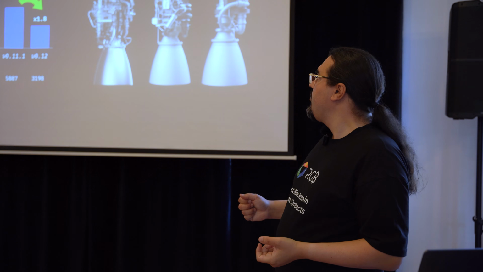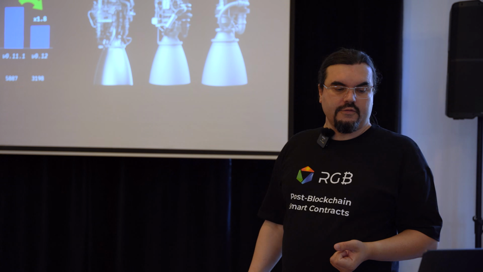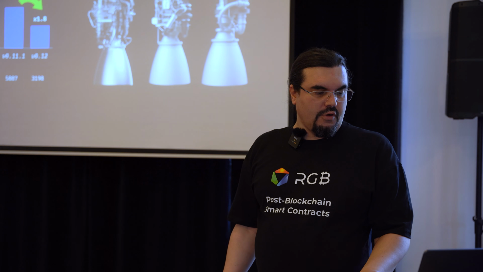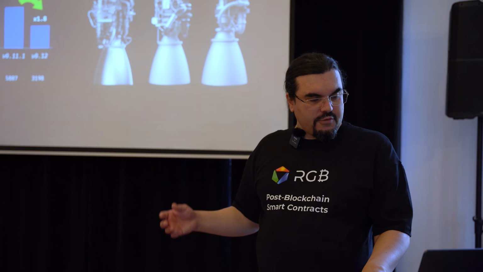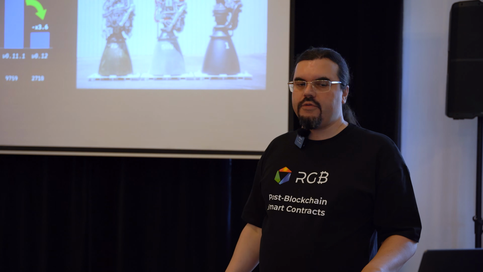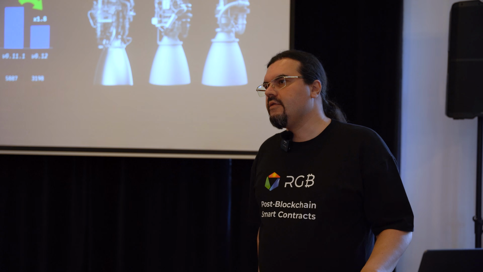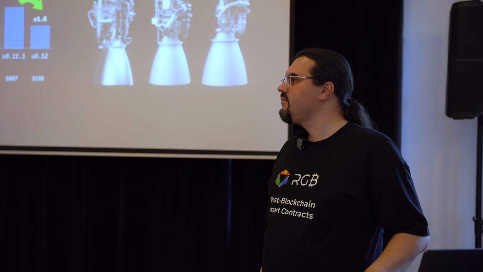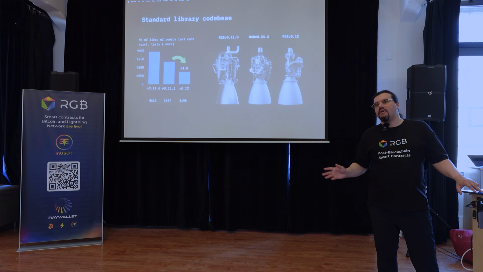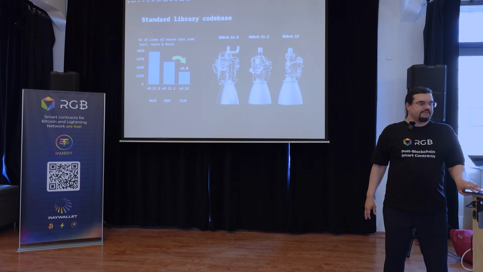And in the standard library, we were also able to reduce the number of code lines nearly twofold, which is also a significant achievement. If you think about it, it's just 2,700 lines of code for the consensus and 3,200 lines of code for the standard library. It's a very, very tiny and compact thing, even compared to Bitcoin Core or any other decentralized system.